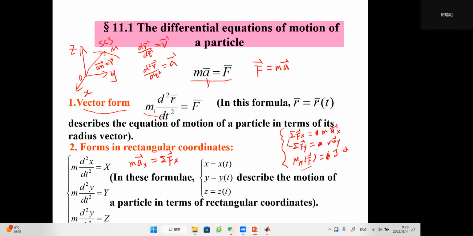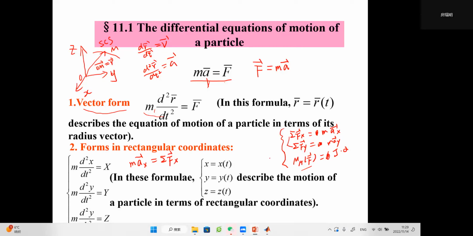And this moment expression gives the relationship between the principal moment, or the resultant moment, and the angular acceleration of the same body system.